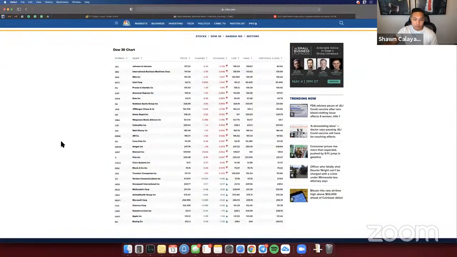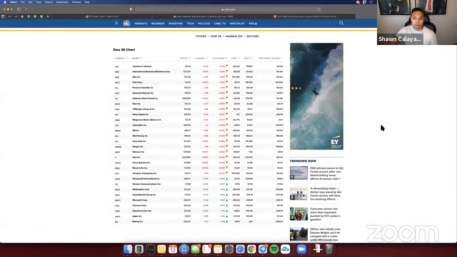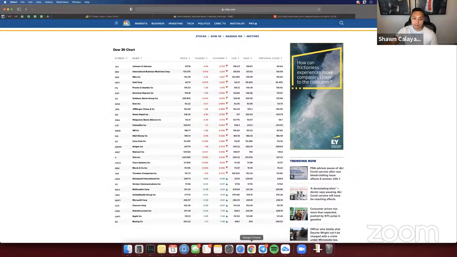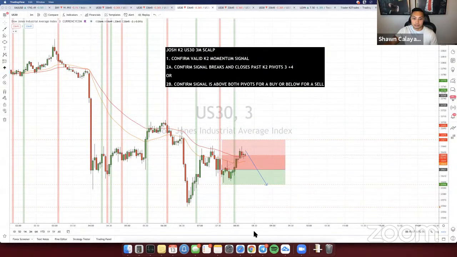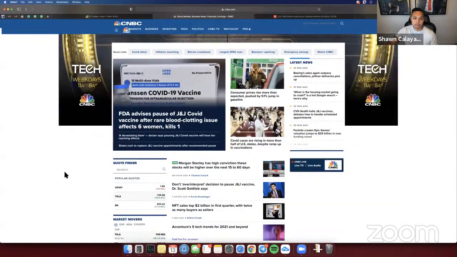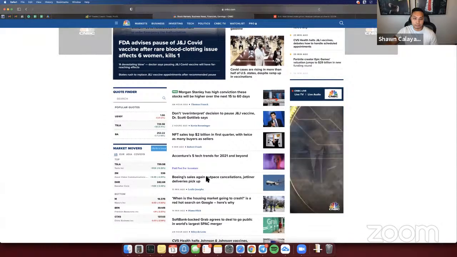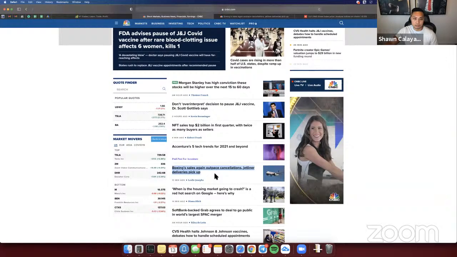It's just weird because all of the stocks in the index are not really moving very well. Well, whatever, it's coming back down as we speak. It was just a random, sudden spike up. I don't know if they said something there during their, or they're not even live anymore. Well, I do see this right here: Boeing sales up again, outpaced cancellations.